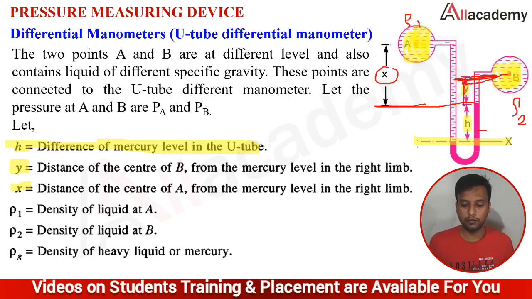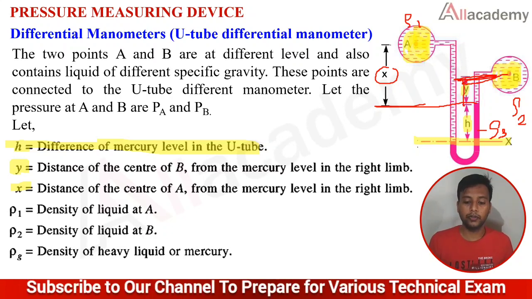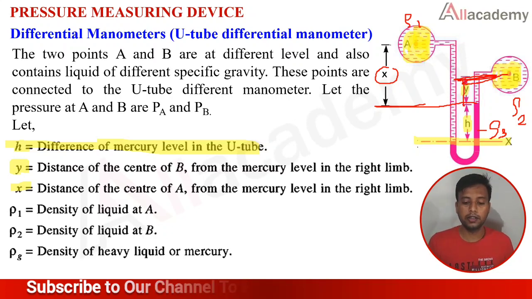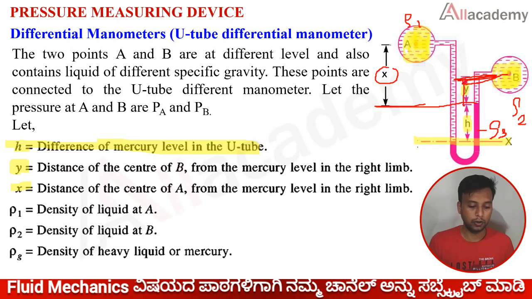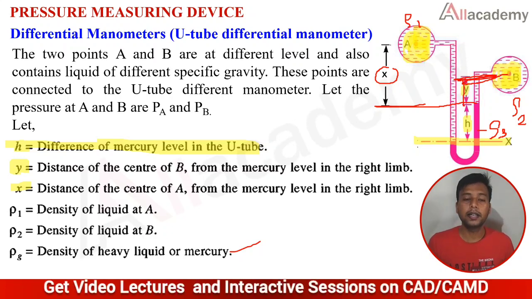Because we are measuring two different pressures at the same time, each side has some other liquid, but the manometric fluid we are using is mercury, shown by this pink line.